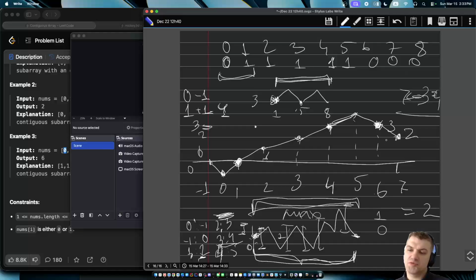So the maximum length is increasing, and the next one is 0 again.